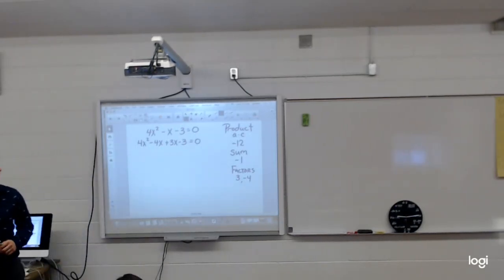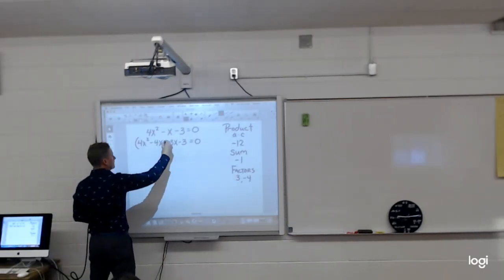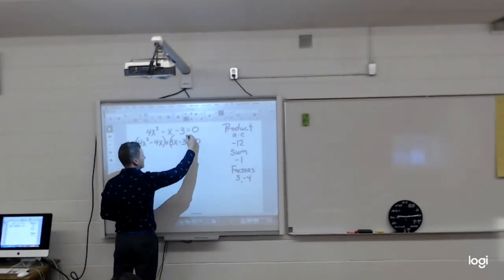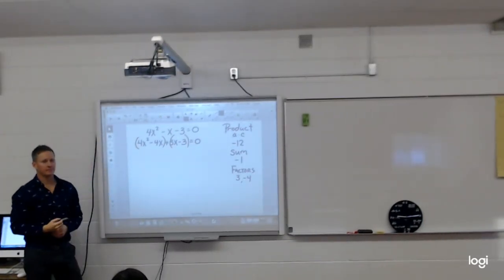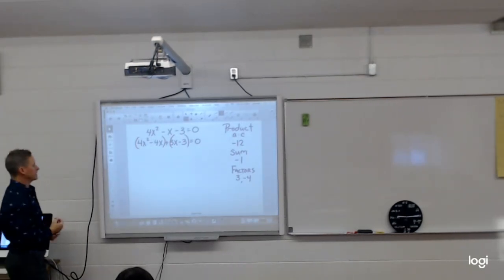So I replace negative 1x with negative 4x, add 3x. Now, brackets. You remember this? What was the first thing I told you to start with? Greatest common factor.